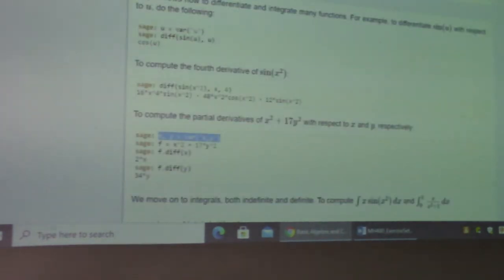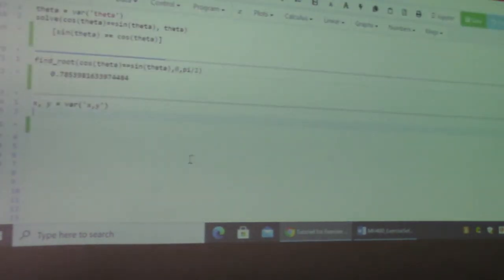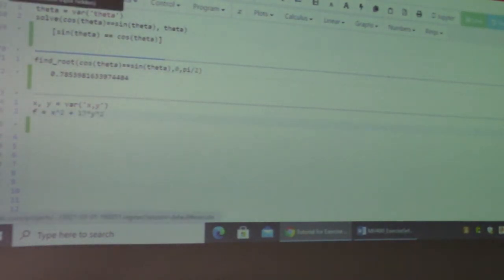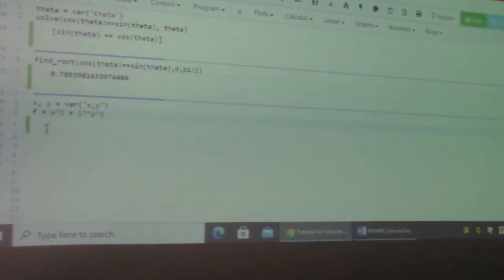This is a rather different way to make f a function. See that? So if I went to the next step and said something like f of 1, 2, it probably would just tell me to go fly a kite or whatever, right?